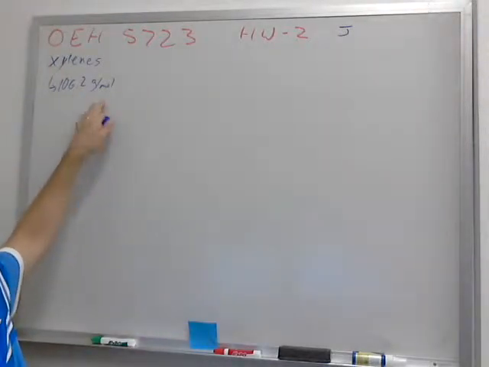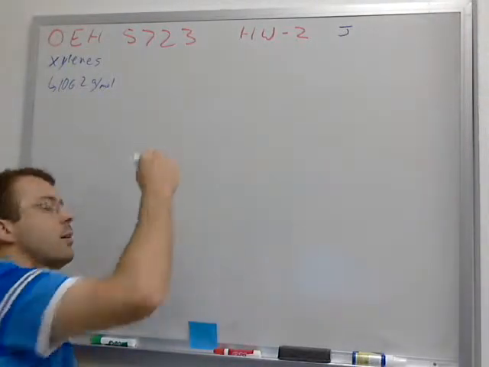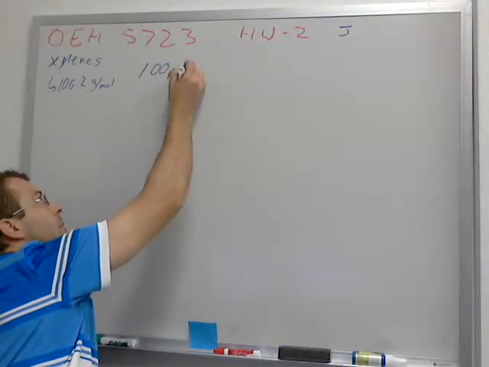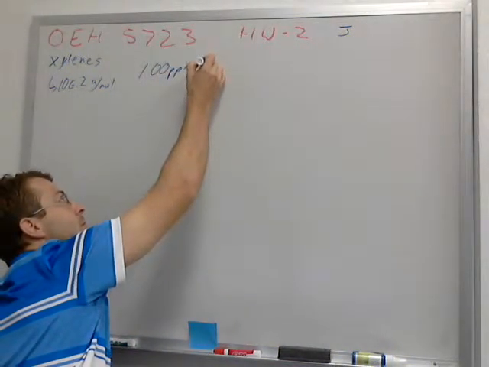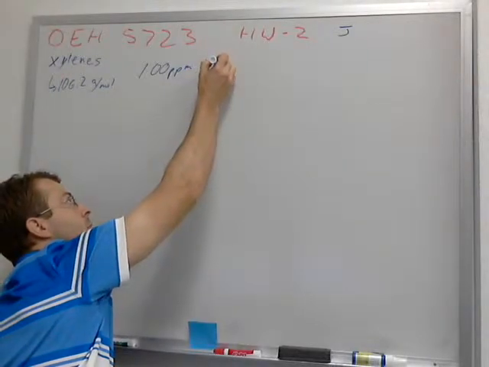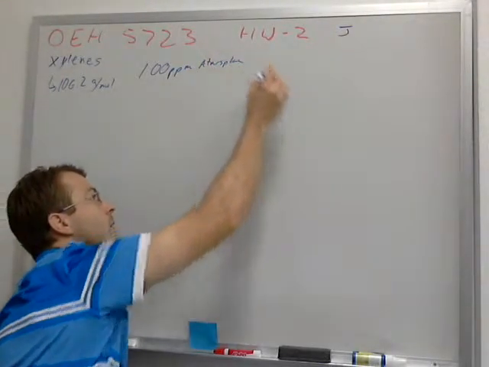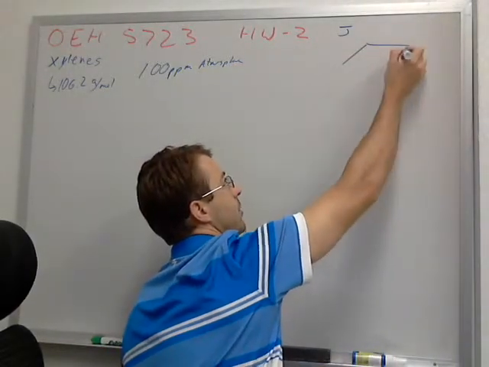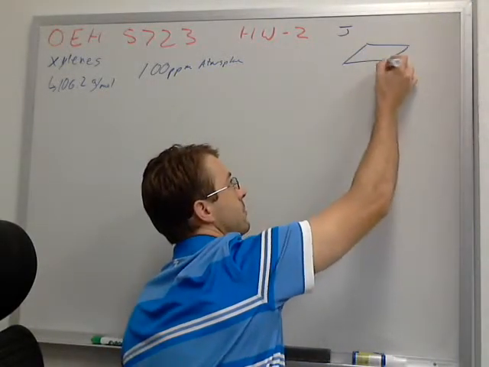So 106.2 grams per mole, and we are trying to create a 100 ppm atmosphere in some sort of exposure chamber that we have.